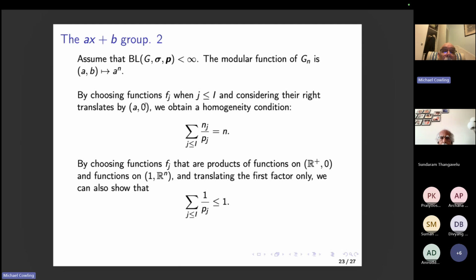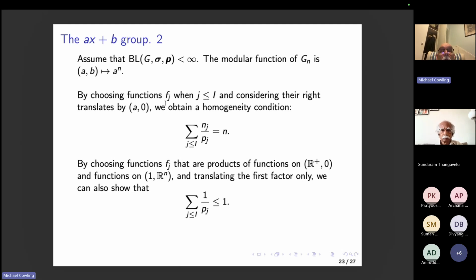If I've got a Brascamp-Lieb inequality, then this inequality has to be valid when I apply right translates to all of the factors, and when I do that, I get a right translate of the product function, and a right translate of the product function brings in a power a to the n.